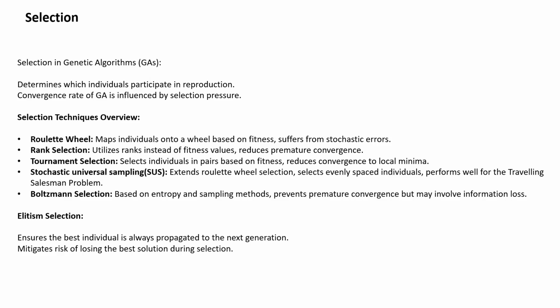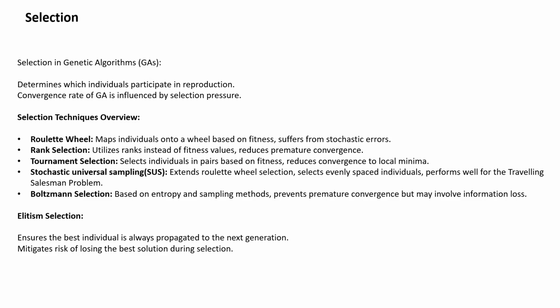You can set that criteria, so the best solution propagates to the next generation irrespective of it being a chance event. In general it should be a chance event depending on probability, but you can make sure that a particular solution is moved forward, and it mitigates the risk of losing the best solution during selection.